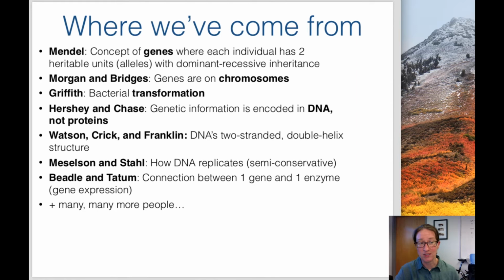Also, Hershey and Chase's experiments contributed to that discovery. Then we talked about how Watson, Crick, and Franklin worked out the structure of DNA as a 2-stranded double helix molecule, and that provided us with some insights into how DNA replicates. And then we saw Beadle and Tatum's experiments on connections between genes and enzymes, and then expanded from there to our contemporary understanding of how genes are expressed. And of course, on top of the people that are highlighted here, there were many, many other scientists involved in these discoveries through time.